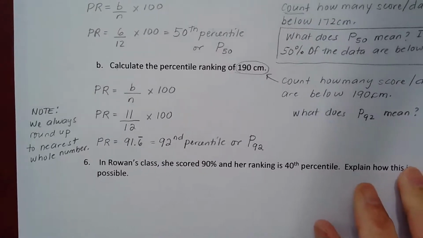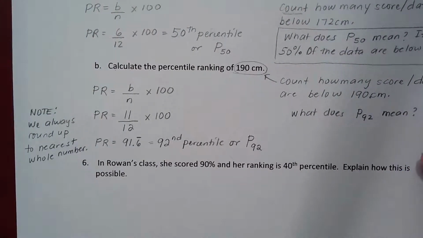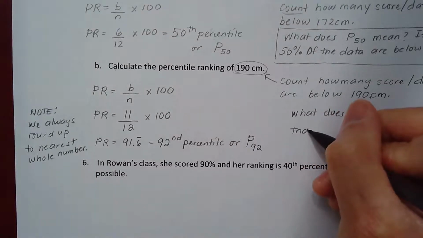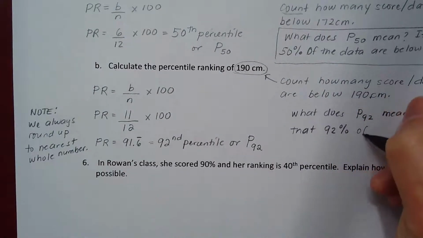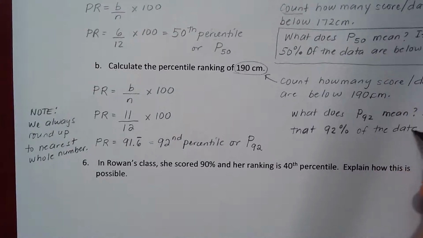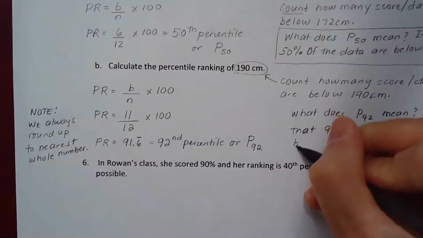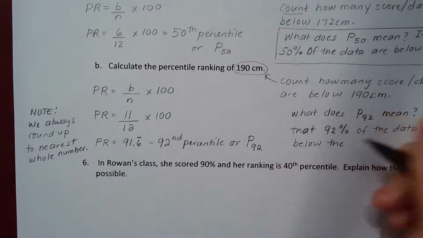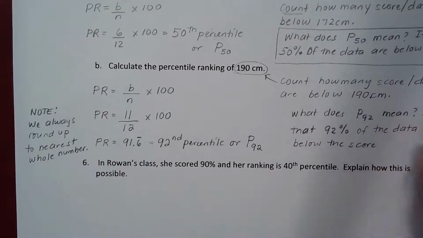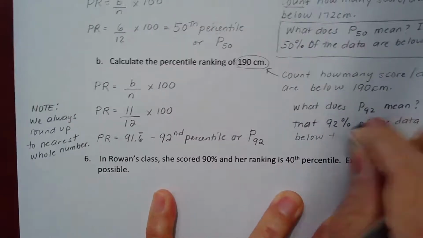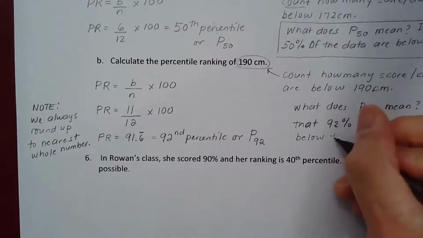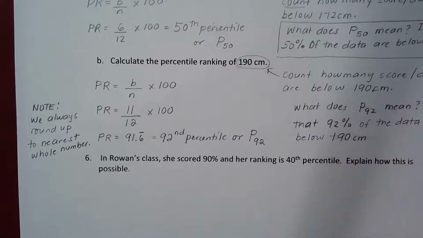Okay. P92 means that 92% of the data are below the score, below 190 centimeters.